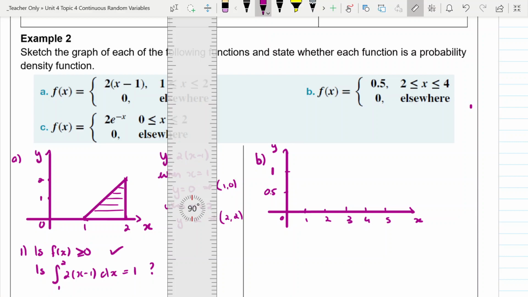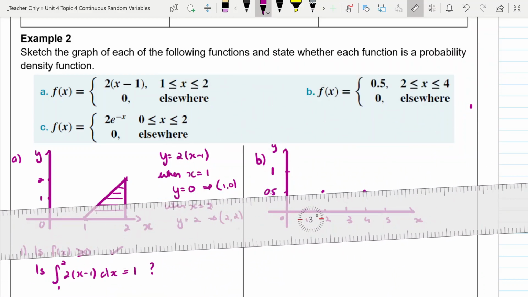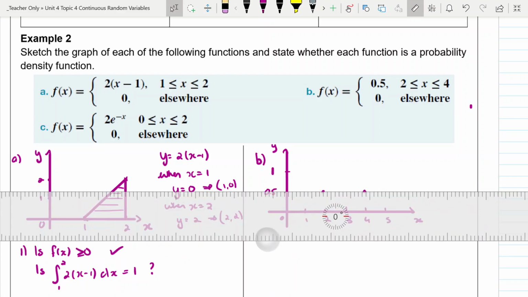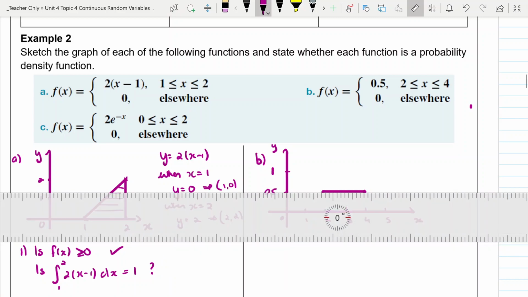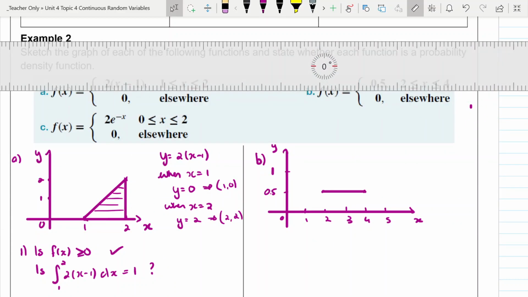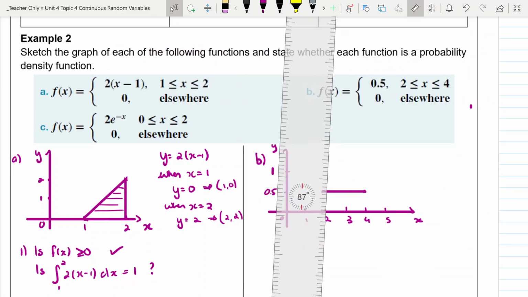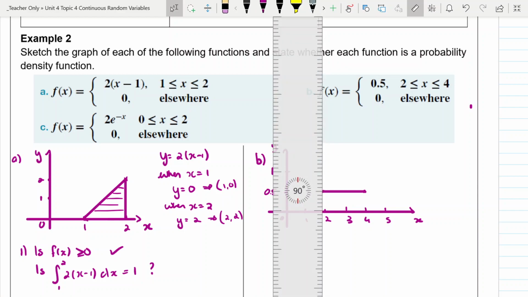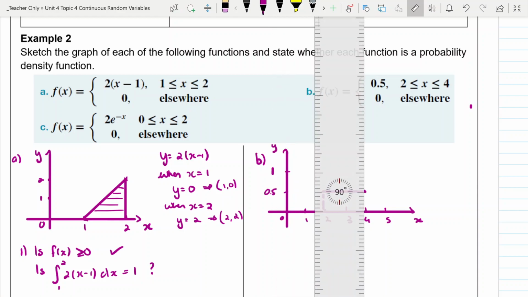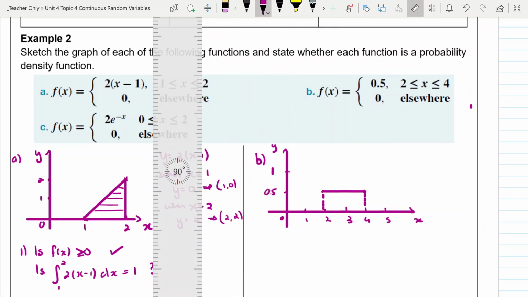We know that we're going from 2 to 4, and we've got closed in dots there, and we are drawing our line, and we know that this function is going to be 0 everywhere else and 0.5 between 2 and 4. So that's going to be our area.